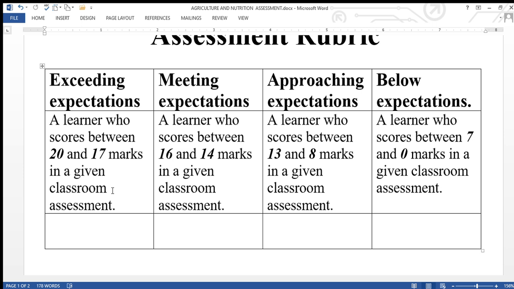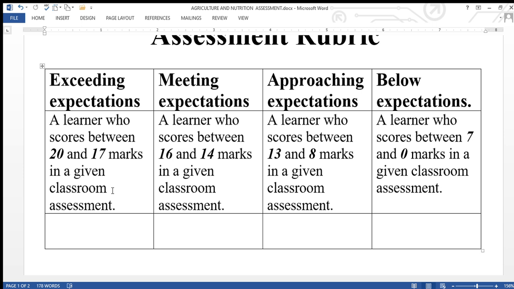In meeting expectation, a learner scores between 16 and 14 marks in a given classroom assessment. If you get 16, 15, and 14, I'll write your mark down here in this blank cell. We can call it a cell or a space. Then approaching expectation, a learner scores between 13 and 8 marks.